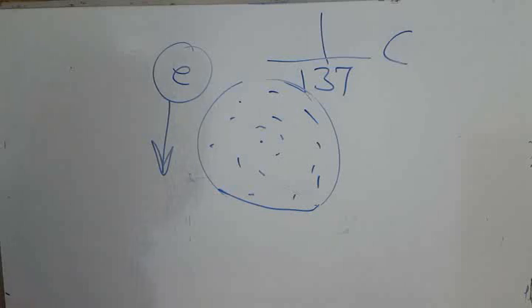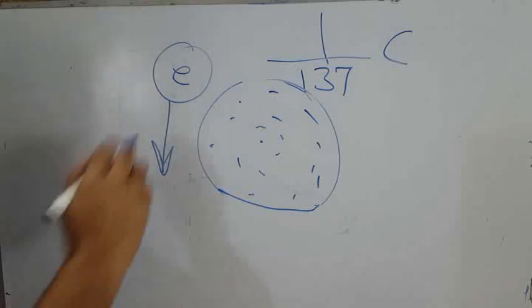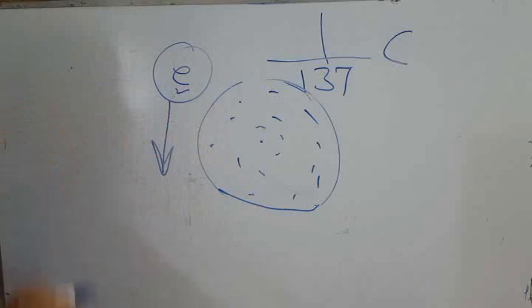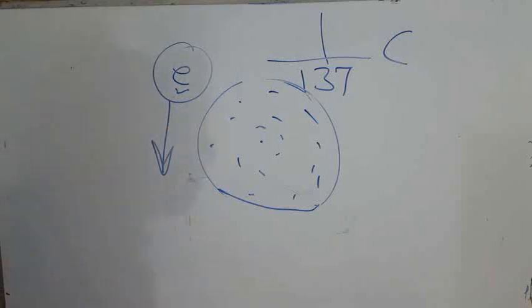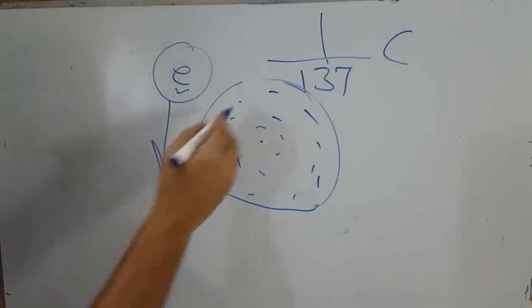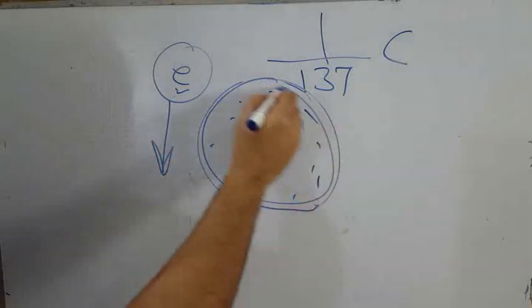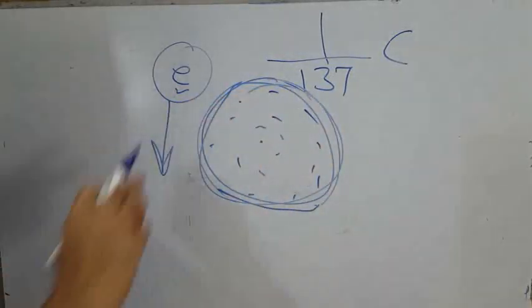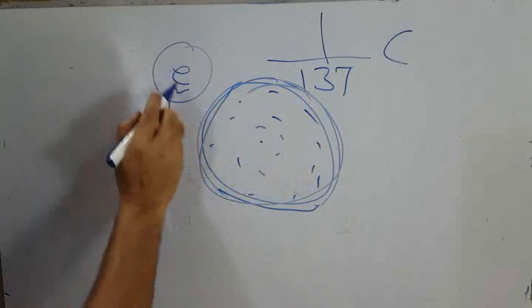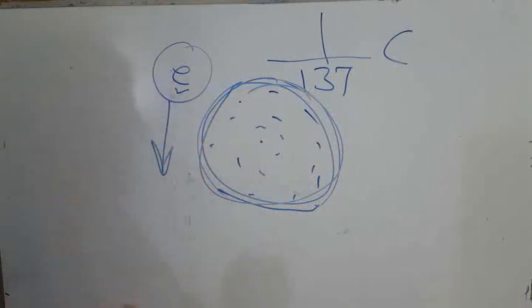Then how does it move? It is because it is associated with a wave, and it should move with such a velocity so that when it completes one circle, the waves formed due to this should be in the same phase on completing the circle.